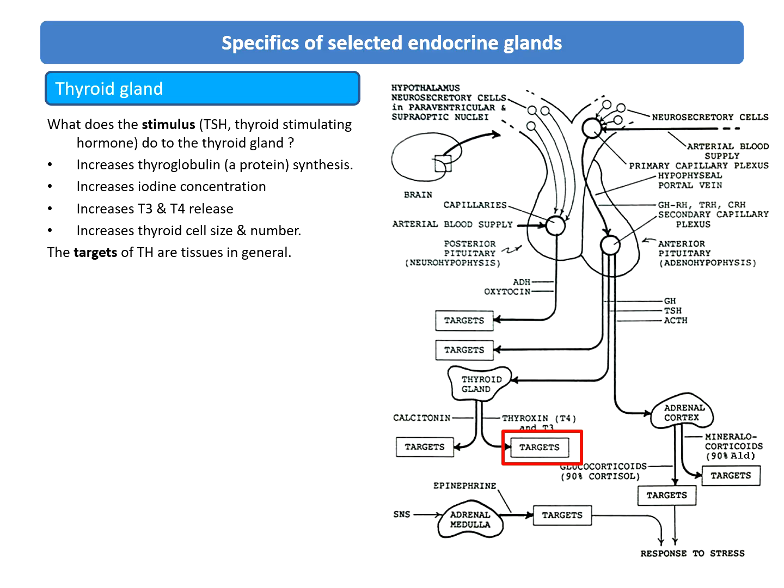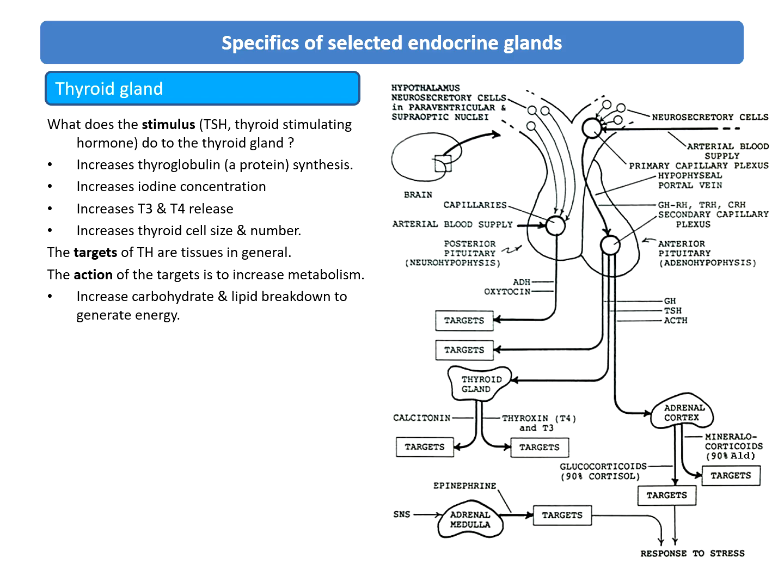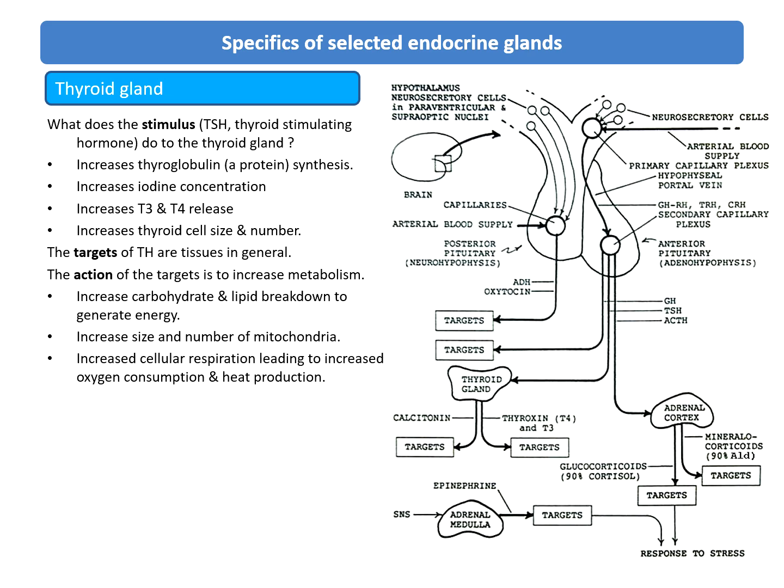The targets of TH, and we'll refer to the TH as the T3 and T4 together, are tissues in general. The action of the targets is to increase metabolism. So thyroid hormones are metabolic hormones. It increases carbohydrate and lipid breakdown to generate energy. They increase the size and number of mitochondria.